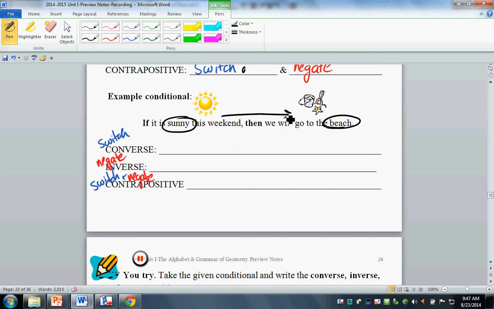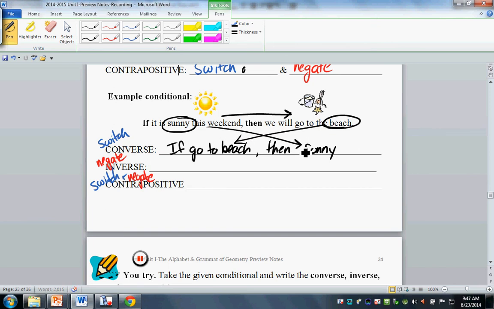Okay, converse means to switch that order. So it reads something like this. If, and I'm going to shorten it just for the sake of writing it down, if go to beach, then sunny. So look what I did. I took beach and sunny and I switched them.